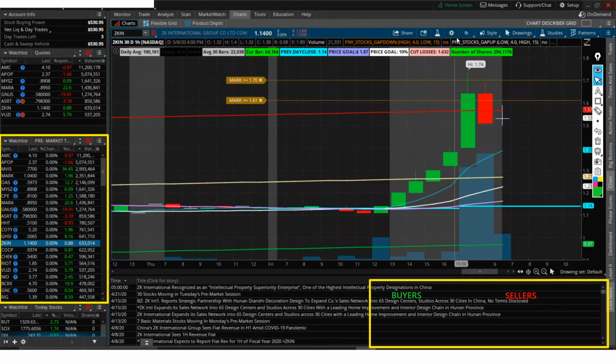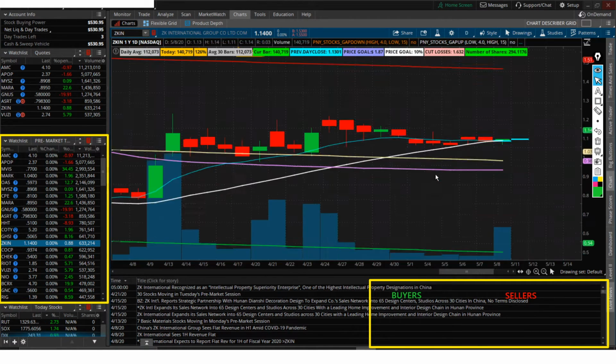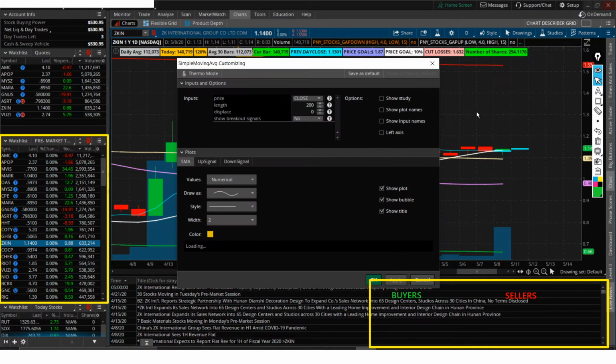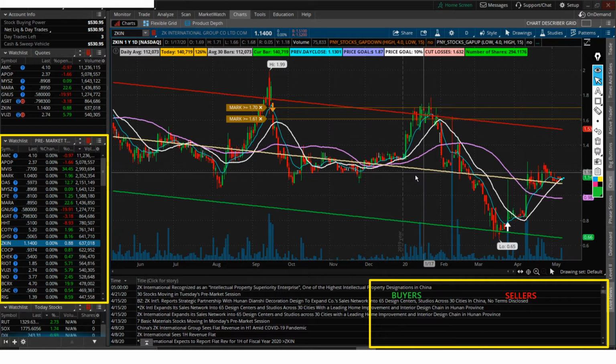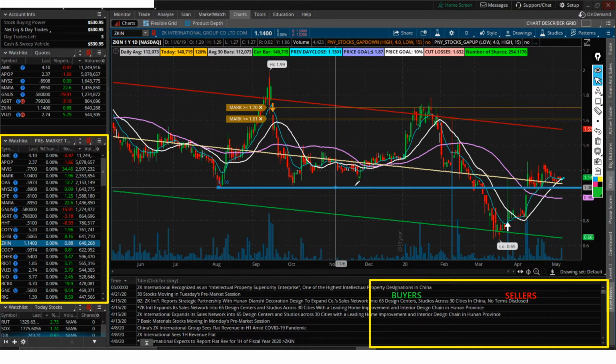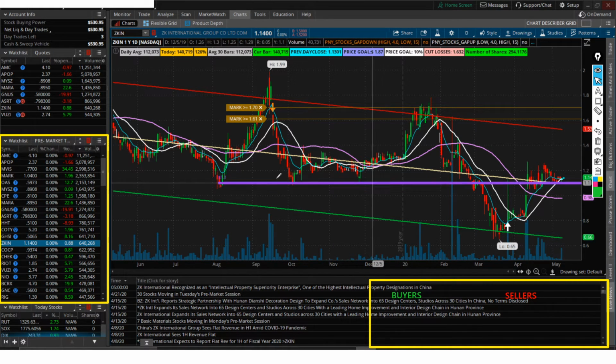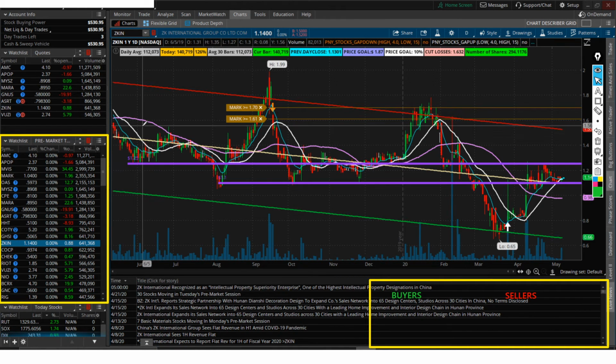Let me look at the channel for the 1 year. So we do have some resistance right here. We have some support at $1.10. We have a resistance over here at $1.25, and we have another resistance, but it's trading over here.